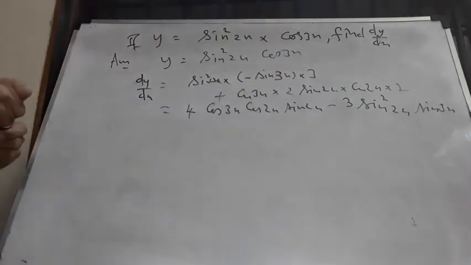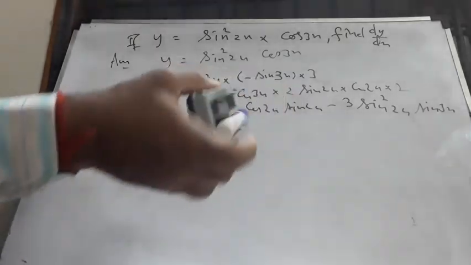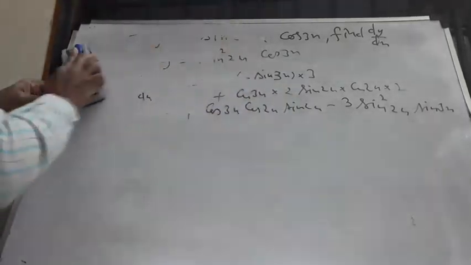Okay, is it clear? It's application of product rule. We have seen one problem on product rule, one on division rule, one on chain rule. You have seen each possibility. Let me just take another example.